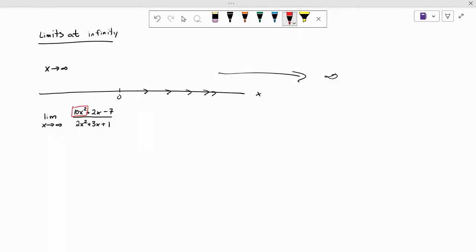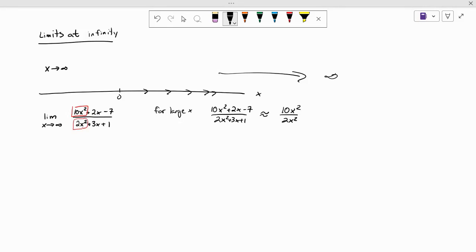And what about the denominator? What's the highest powered term? This is just conceptually. We expect that for very large x's, the highest powered terms dominate. So our function, we anticipate, should behave like what you would get if you just consider the highest powered terms.